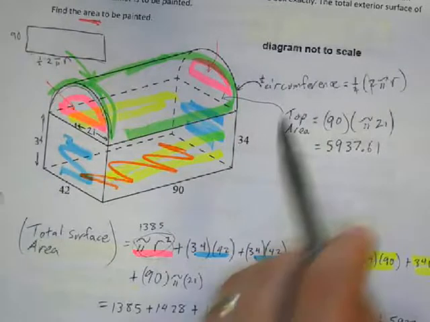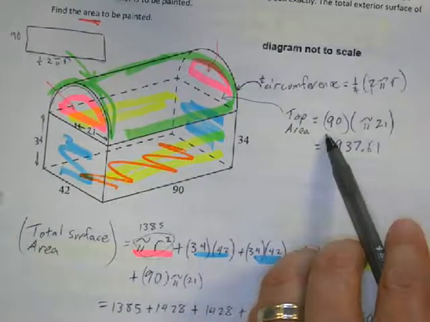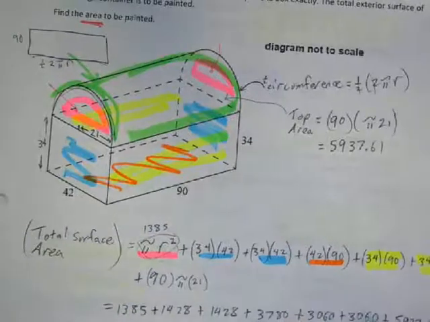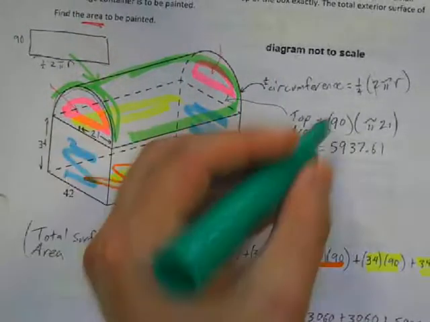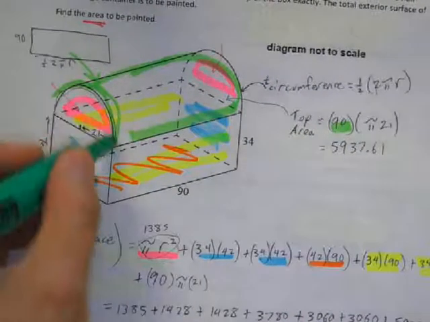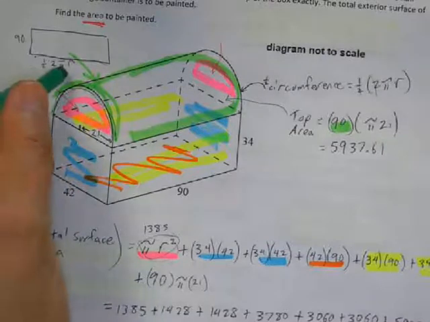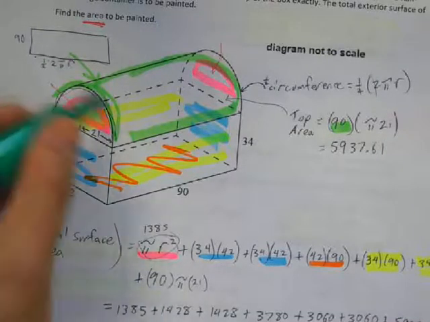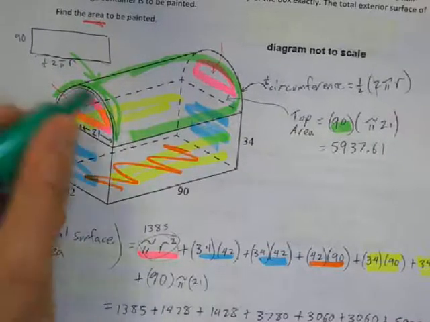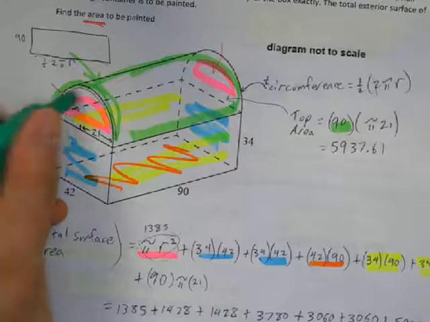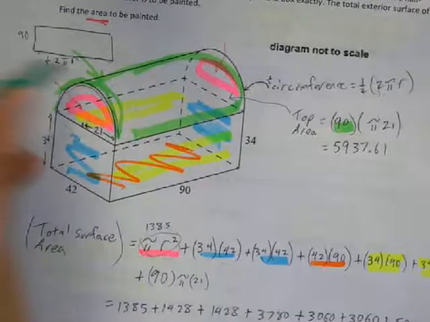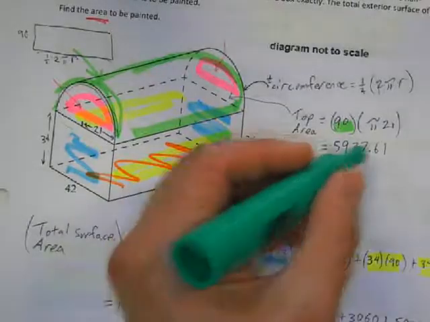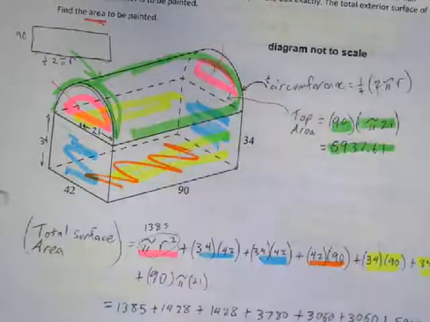So that's how I get this top green space here: the length 90 times pi r, because it's 1/2 of the circle circumference, and 2 pi r is the formula for circumference of a circle. So that's going to give me this value.